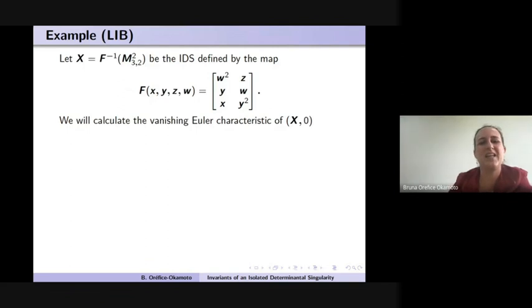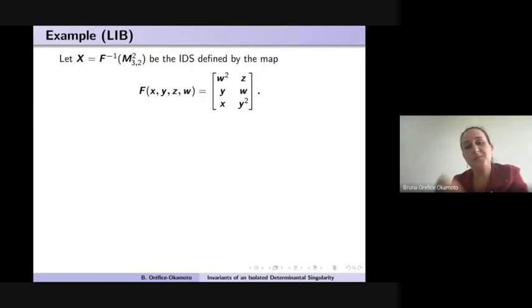Well, now I have another example, and I want to calculate the vanishing Euler characteristic of A. So I want to calculate all the polar multiplicities and the vanishing Euler characteristic. I put it in Singular too, and we go there.